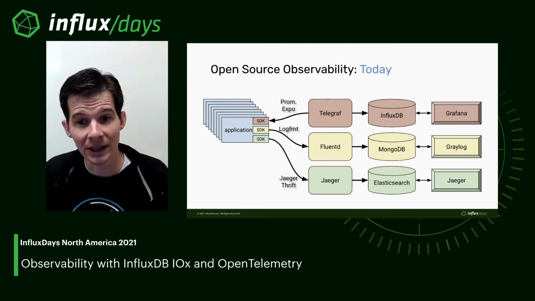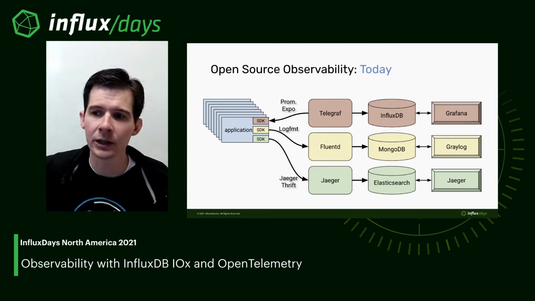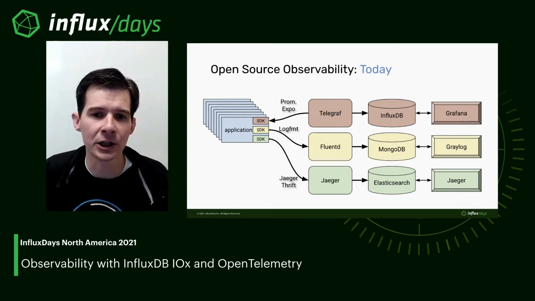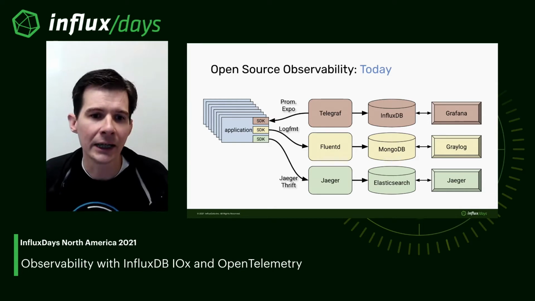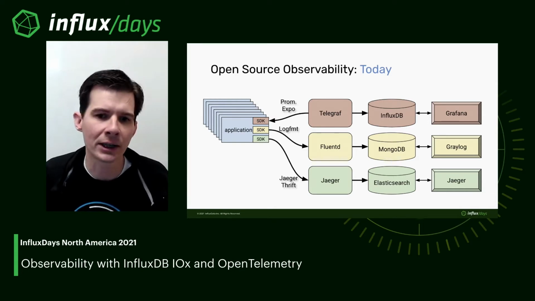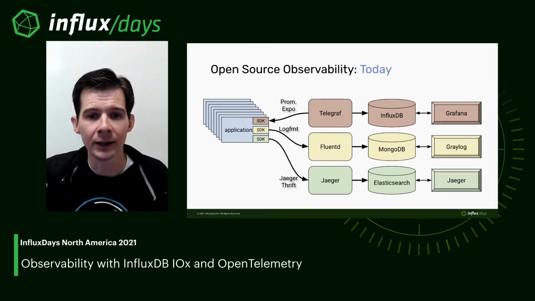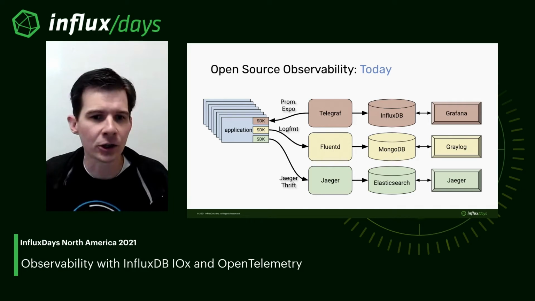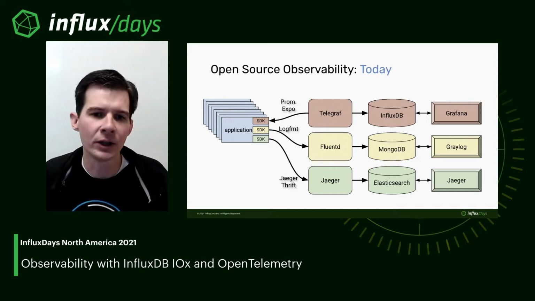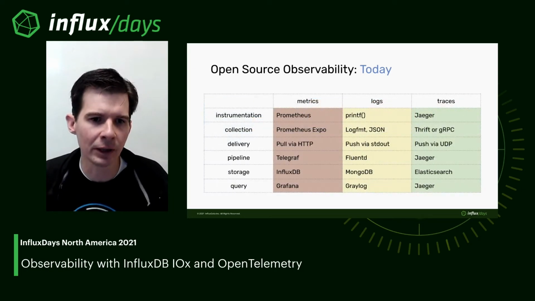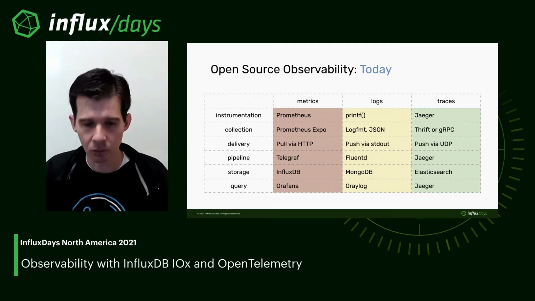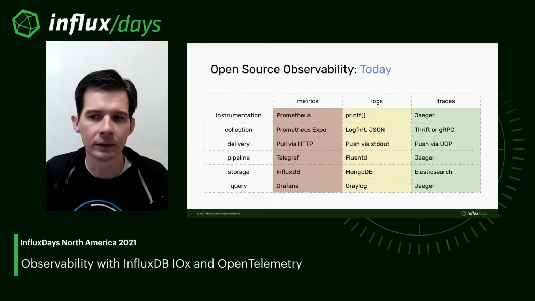We push via standard out, a completely different mechanism to the pull mechanism via HTTP that we use for metrics. An agent like FluentD somehow captures that standard out text to streams, attempts to parse tags or labels from that stream, and then feeds the result to something like Mongo, where it can be queried and visualized with Graylog.